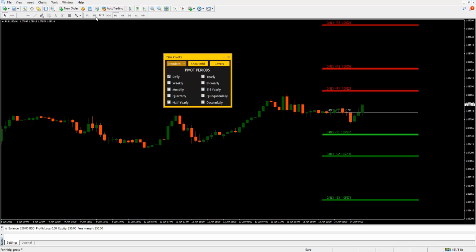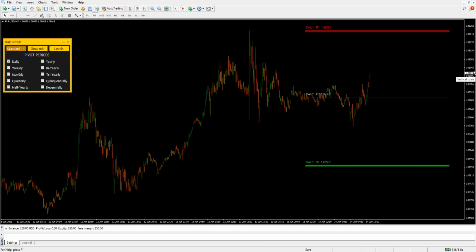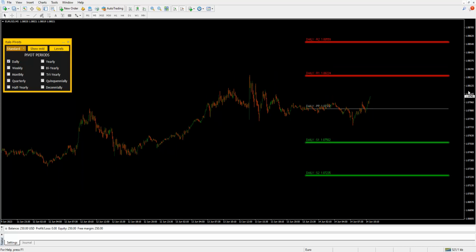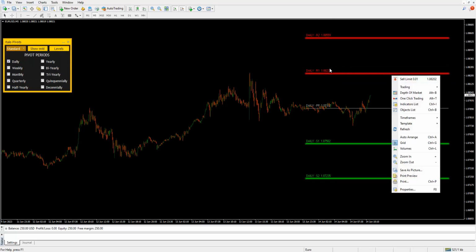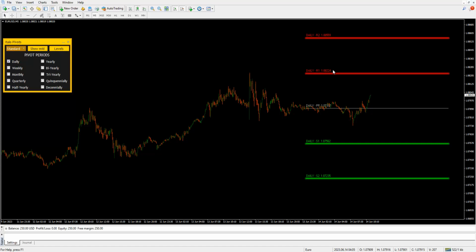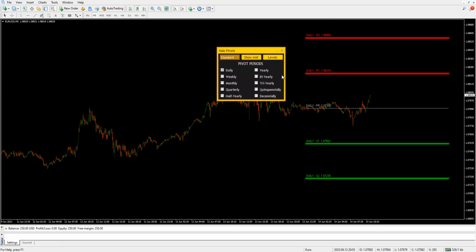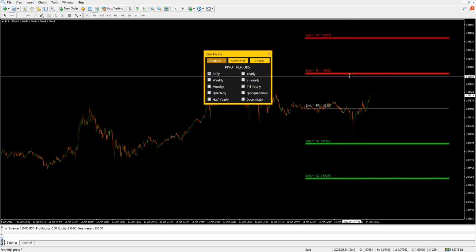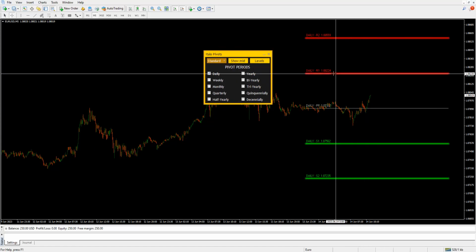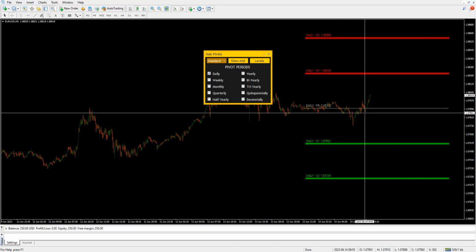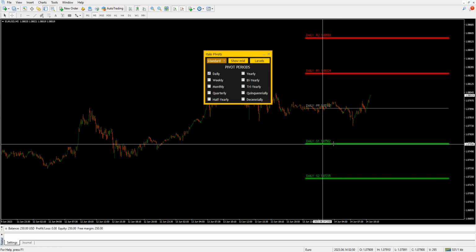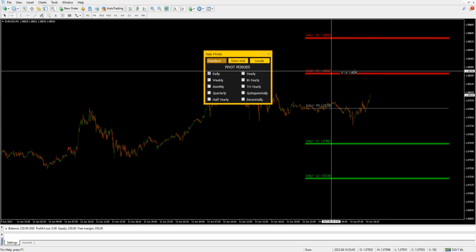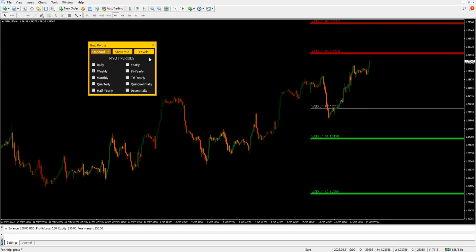We can go on M5, for example, and we will have the same lines placed. This indicator does not repaint, so it doesn't matter which time frame you're trading, the lines are fixed. The support and the resistance lines are fixed. So the green line, support, the red line, resistance.